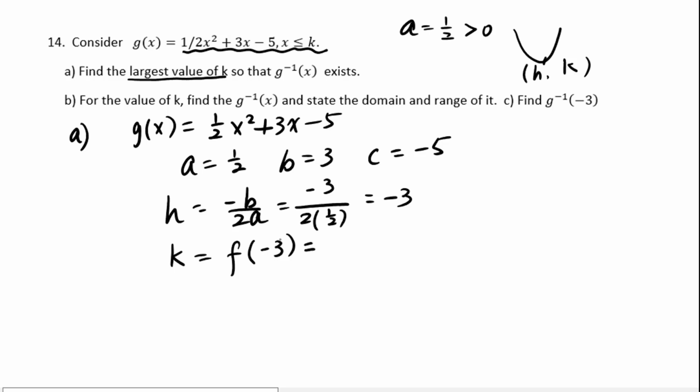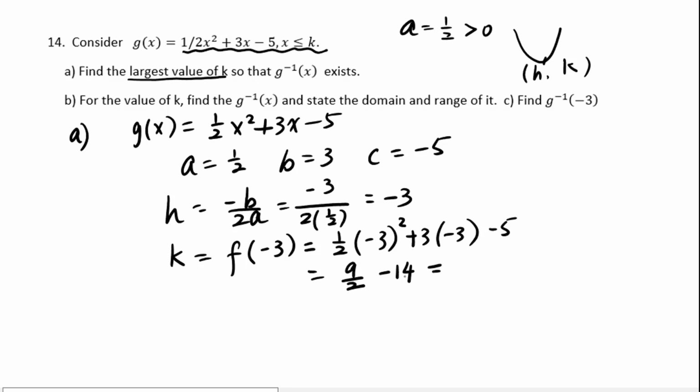Plug negative 3 into the g function. You will get 1/2 times negative 3 squared plus 3 times negative 3 minus 5 equals 9 over 2 minus 14, because negative 9 minus 5 is negative 14.